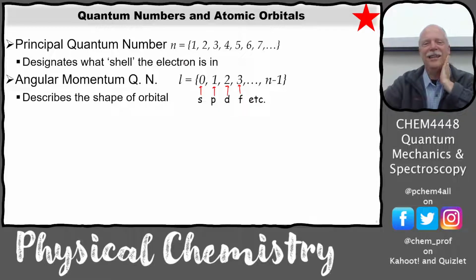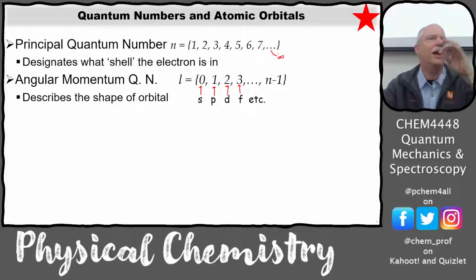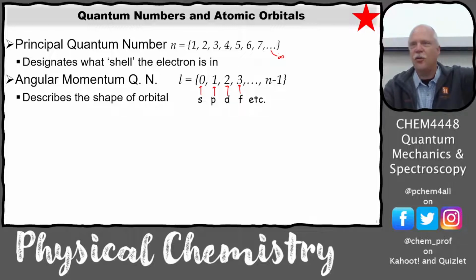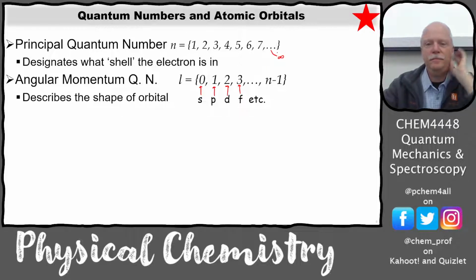Okay. But this is an interesting set of numbers because notice that it doesn't go to infinity, right? Here, these 3 dots means it goes to infinity, theoretically. You could have an electron that's at an infinite quantum state. But this one doesn't go to infinity, it goes to n minus 1.